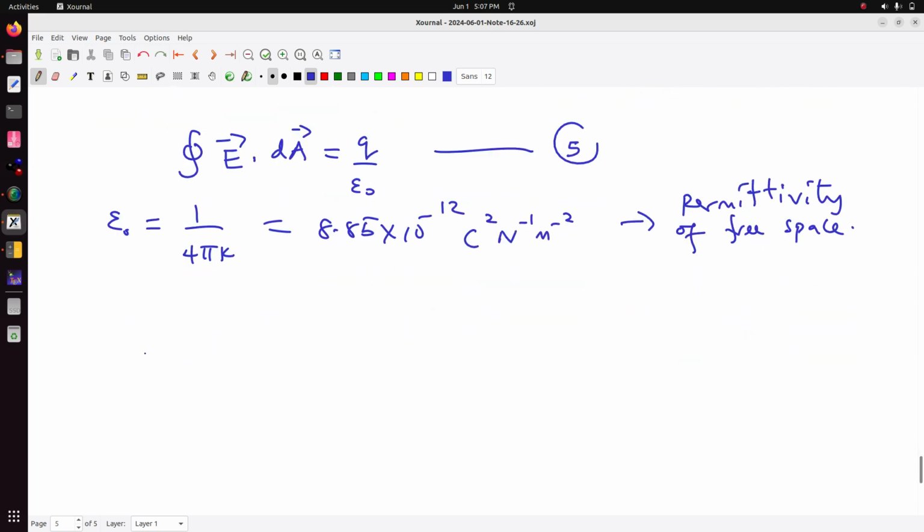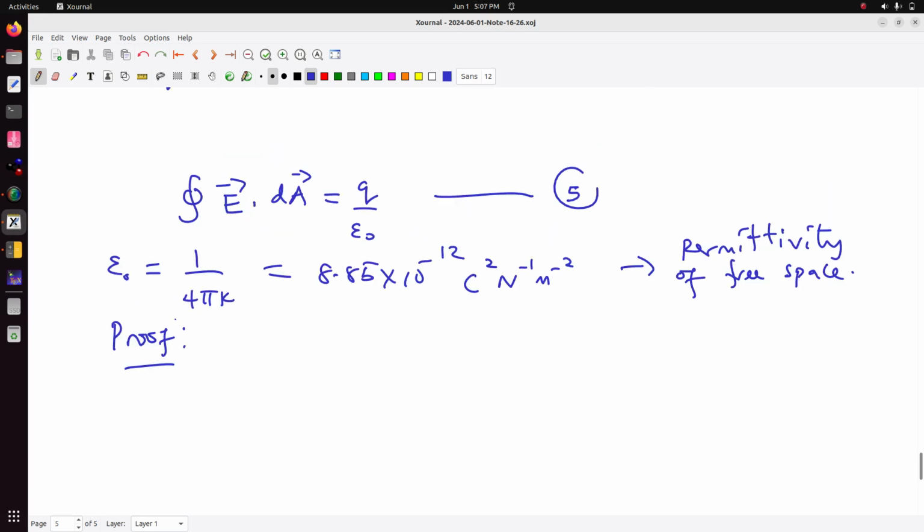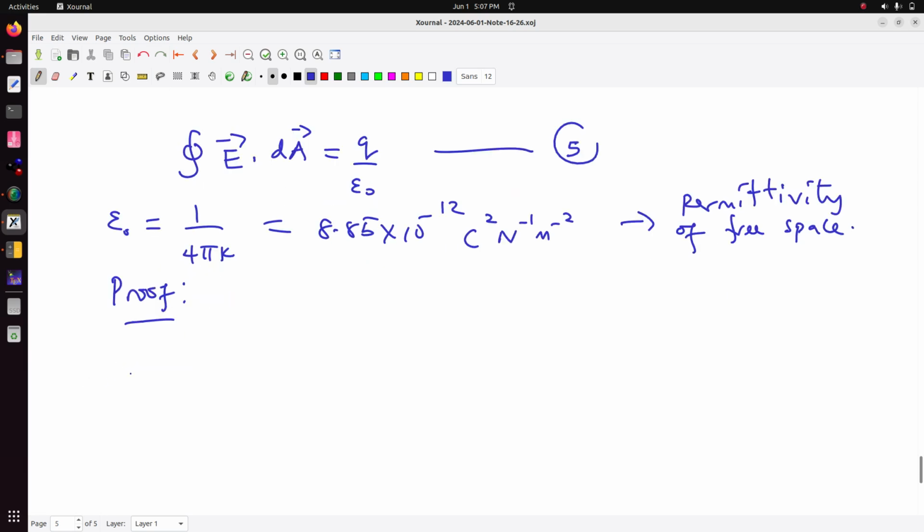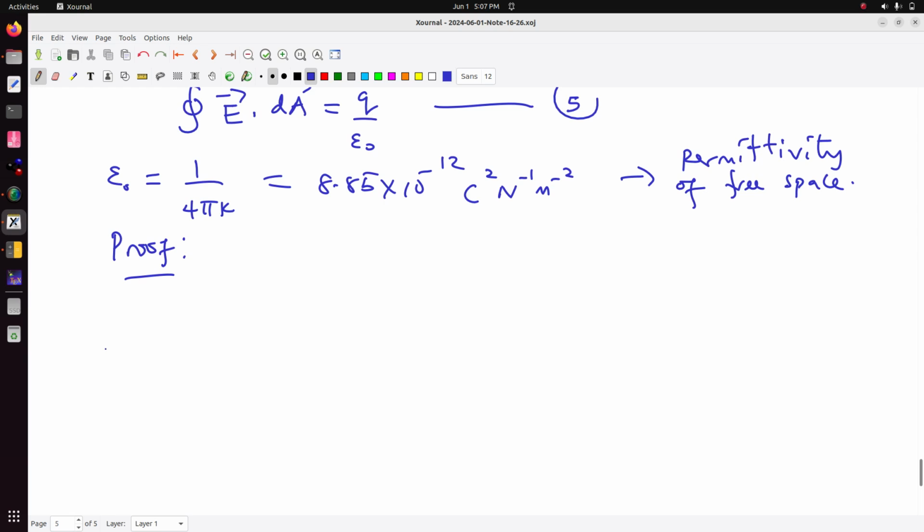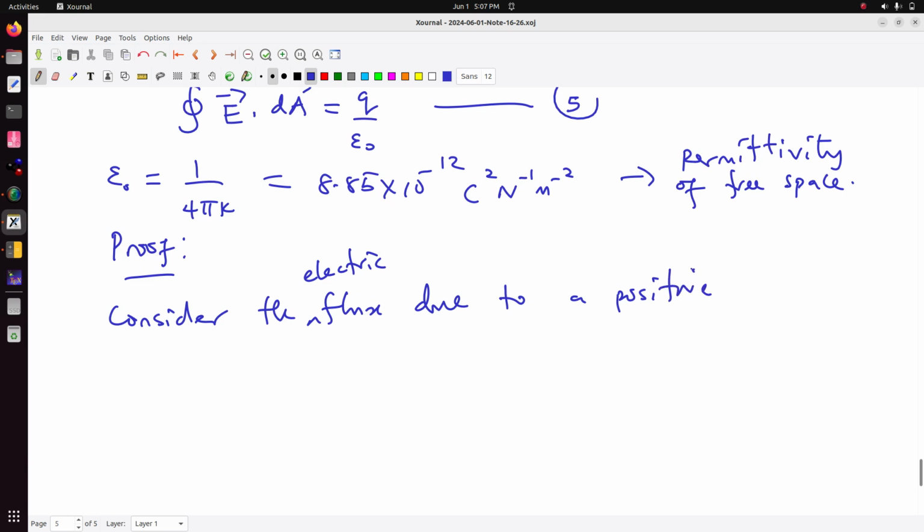All right, how do we prove this? How do we prove that the electric flux equals Q over epsilon naught? What we can do is consider the flux, that is the electric flux, due to a positive point charge.